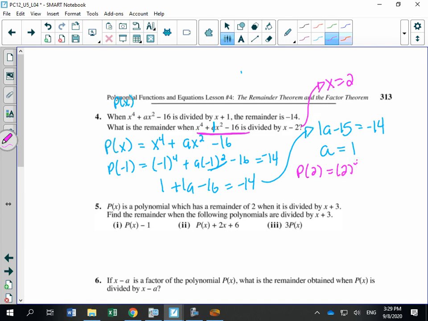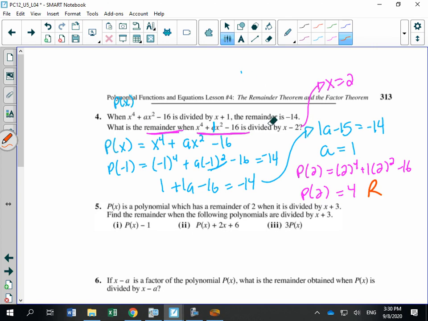So 2 to the power of 4 plus 1 times 2 squared minus 16. Okay, if you evaluate that, p of 2 is equal to 4. And the question was, what is the remainder? The remainder is 4.